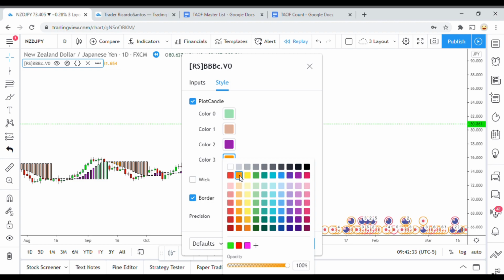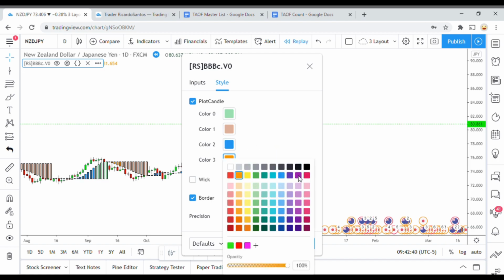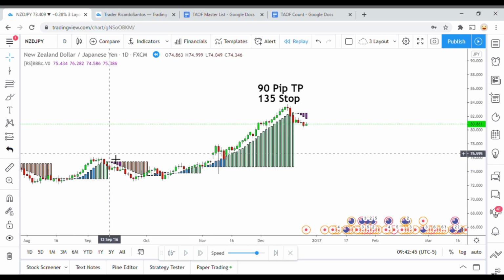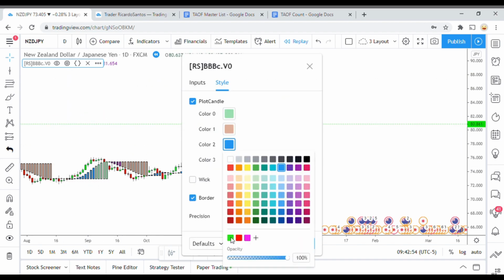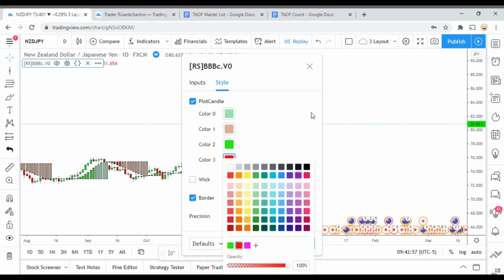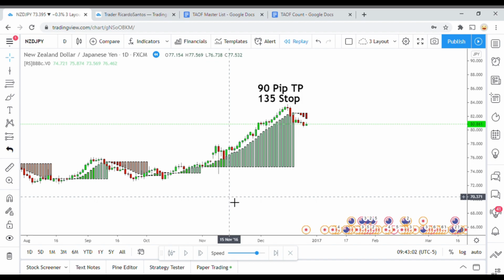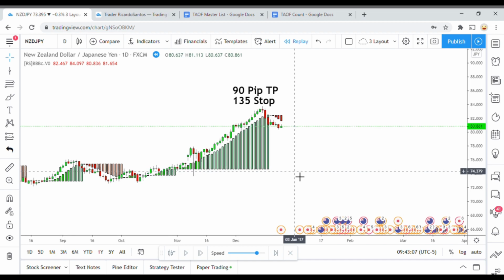Now, see, that just doesn't stand out quite enough. Say blue for buy and purple for sell. Yeah, that doesn't really stand out that much. I'm trying to get something that stands out a little bit more. But it's pretty noticeable when this indicator is giving us signals. And so the color is just an added bonus to the signal that the indicator is giving.